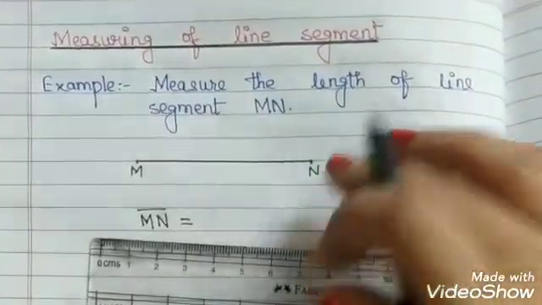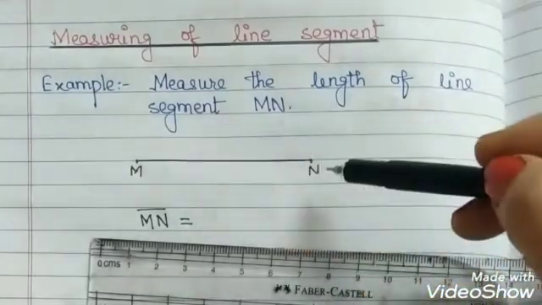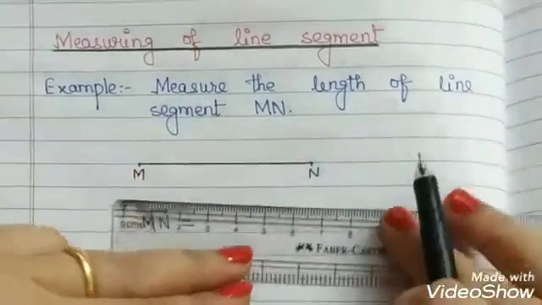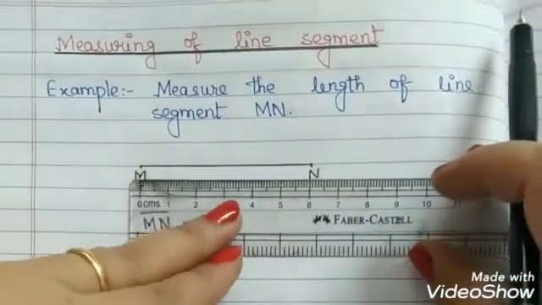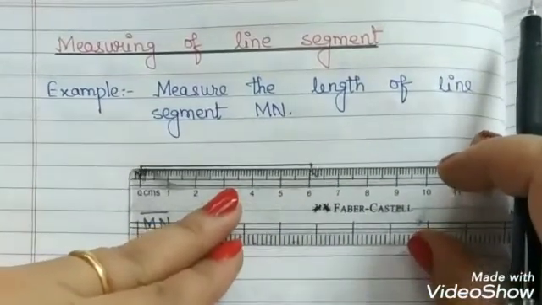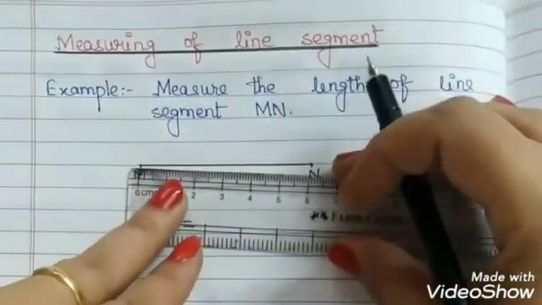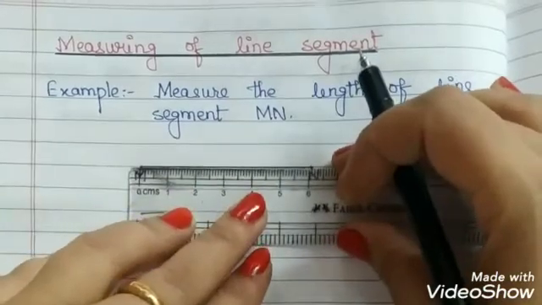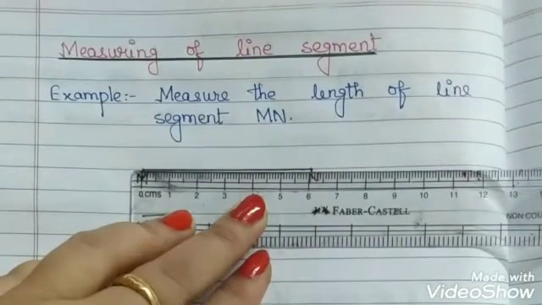We have to measure its length. For this, we will keep the 0 mark of the scale on the point M. Here we will place the 0, and start reading on the scale till point N.